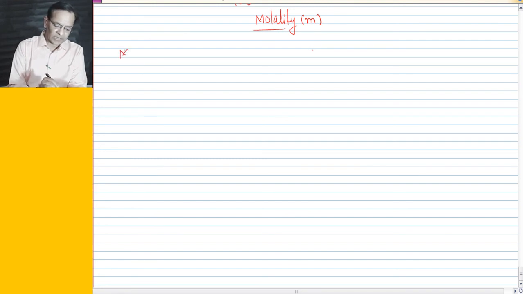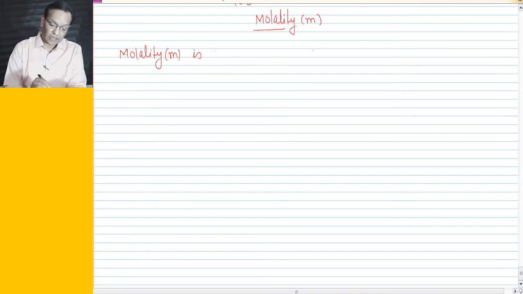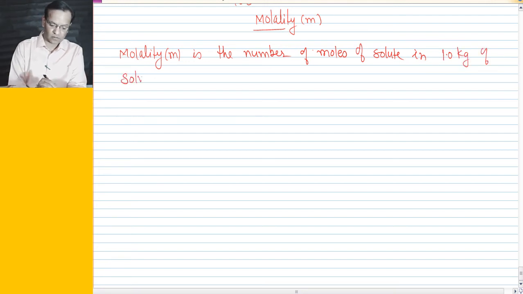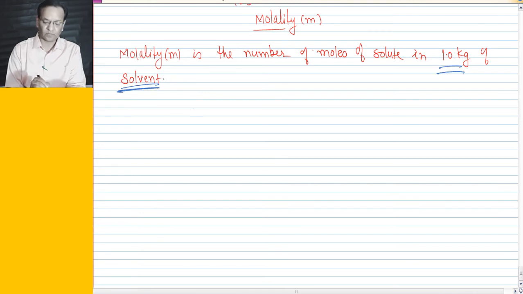Molality is defined as the number of moles of solute in 1 kg of solvent. That is important. 1 kg of solvent. This is very, very important.